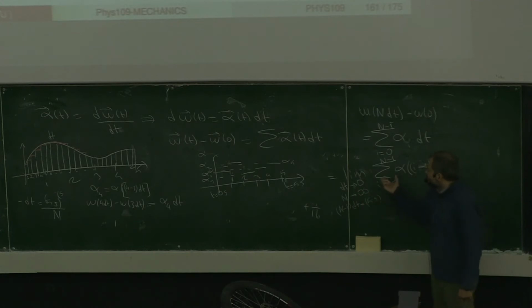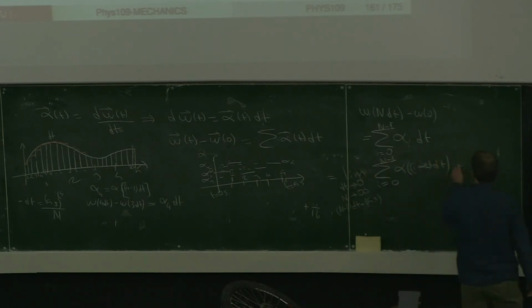Rather than writing this sum and these limits all the time, we just invent a different notation for this limit. Oh, by the way, I have to multiply this by dt. So rather than writing this limit and this summation sign, we just write it as the sum of alpha(t) dt, t starting from 0 to 5 seconds.